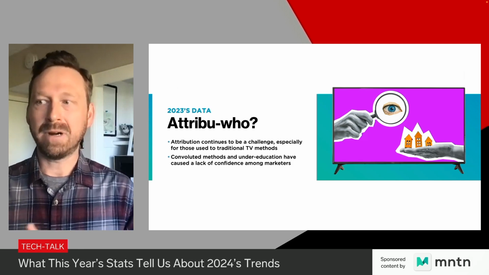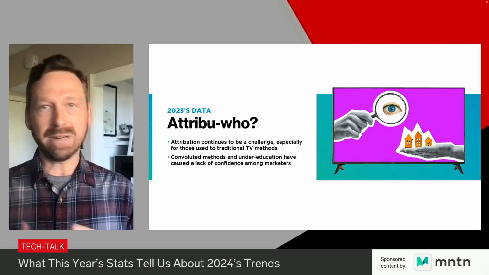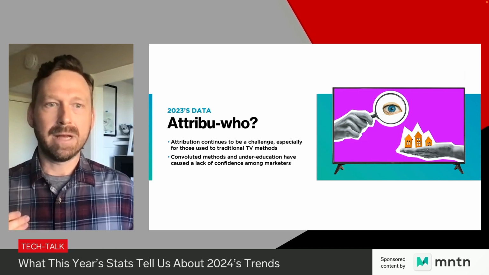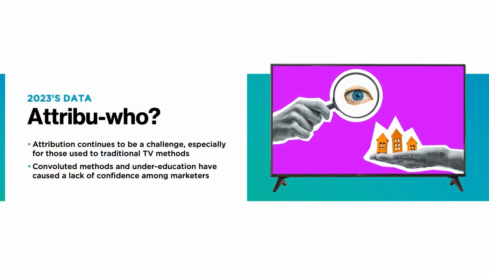And in some of our other research that we've done at Mountain, our surveys of marketers, has shown that measurement and attribution actually is a bit of a pain point when it comes to connected TV advertising. I think that's a growing pain. Not every ad solution is the same, which is a problem in itself.